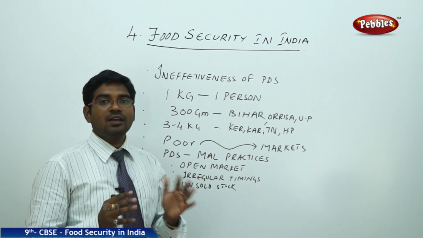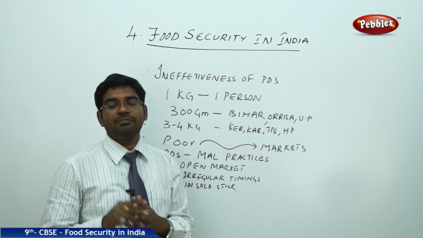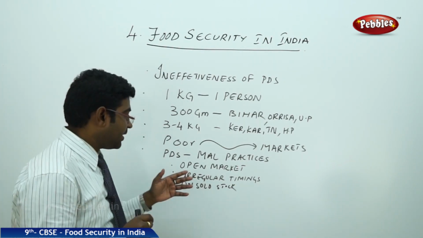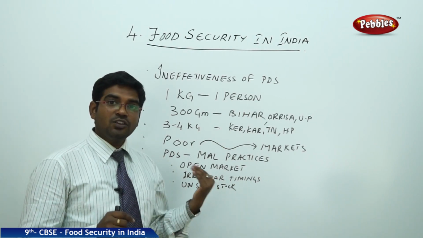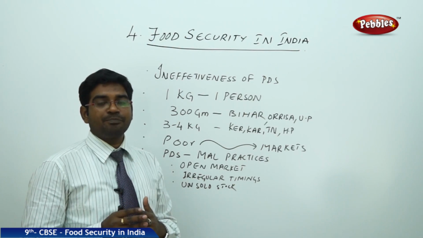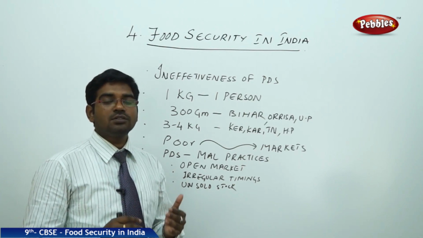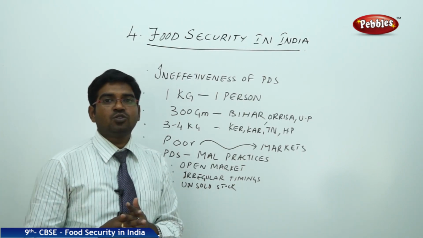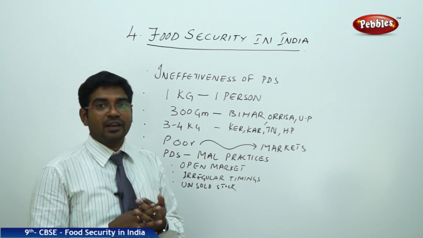So these are some of the techniques followed by the fair shop dealers, along with irregular timings, and they also have a lot of unsold stock with them, and this unsold stock goes to waste or is eaten by the rats.